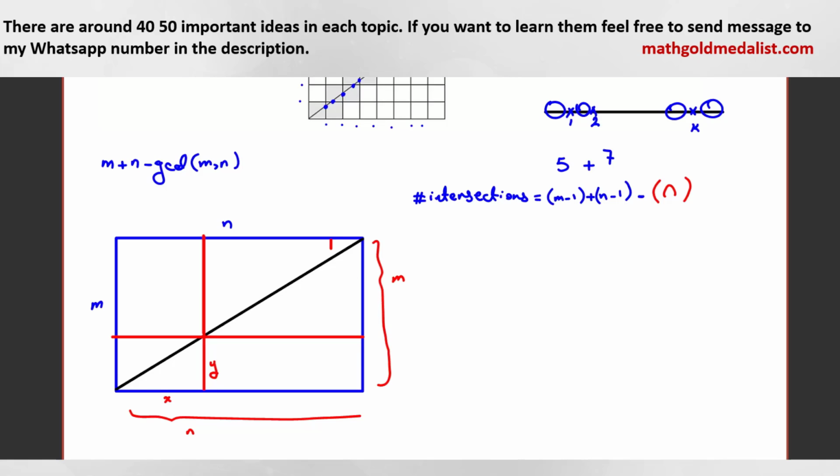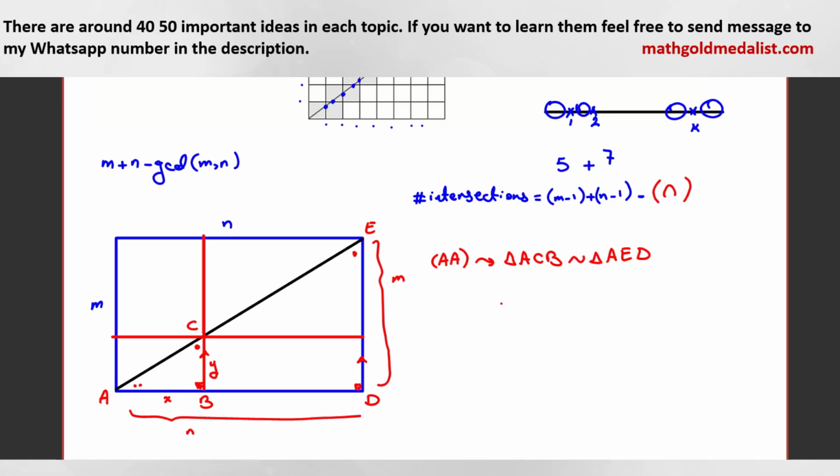By similar triangles, let me write ABC and DE, because BC and ED are both perpendicular to AD, they are parallel to each other. So this angle is equal to this angle, and A is the same in both of them. So by two angles, triangle ACB is similar to triangle AED, okay?